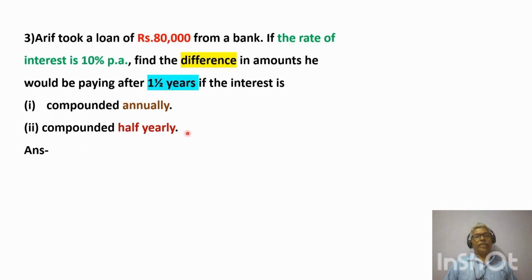See, this is a very nice problem. See, this 80,000 is P0, interest is 10%, and the time period is 1.5 years. And we have to find out the difference when the compound interest was compounded annually and compounded half yearly. Okay, so we go ahead for the solution.